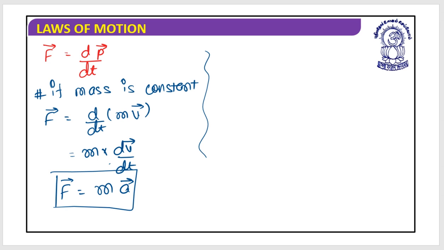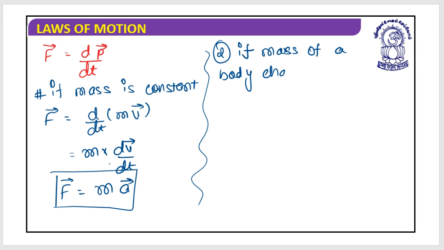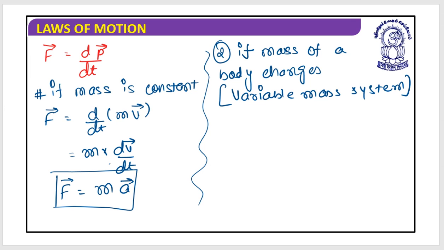Now let's suppose one of the relations is case 2: if the mass of a body changes, this is what we call a variable mass system. Before we start deriving this, let me ask: is it possible that the mass of an object changes?